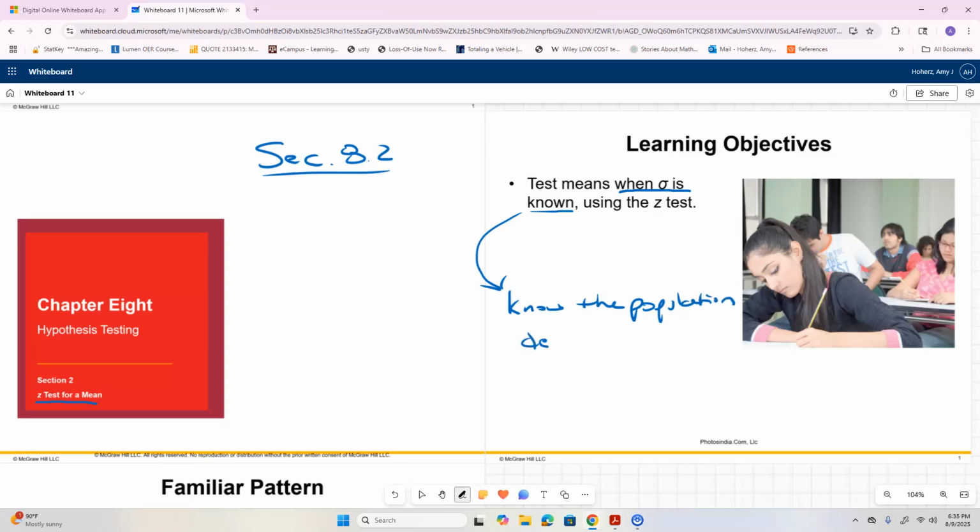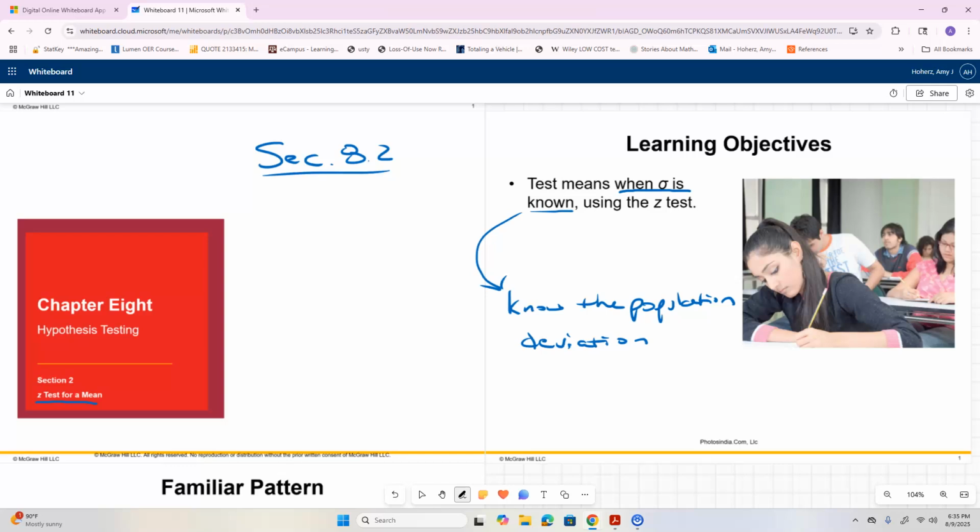Now remember though, in real life, oftentimes researchers don't know the population standard deviation. If it's been studied extensively and there's lots of information, they may have a very good idea what the population standard deviation is, but the only way to really know it is if you were to take information from the entire population, which is very difficult in a lot of situations. Most populations are too big.